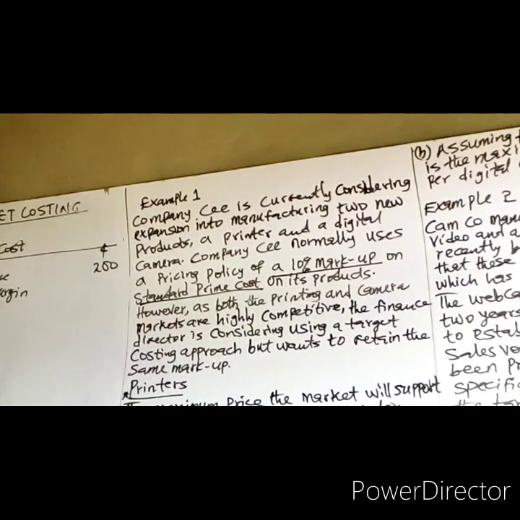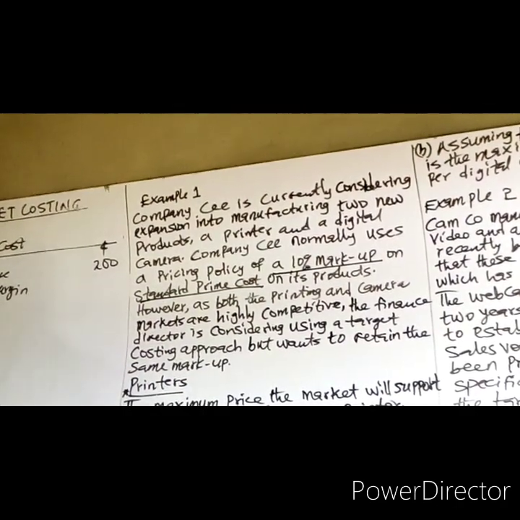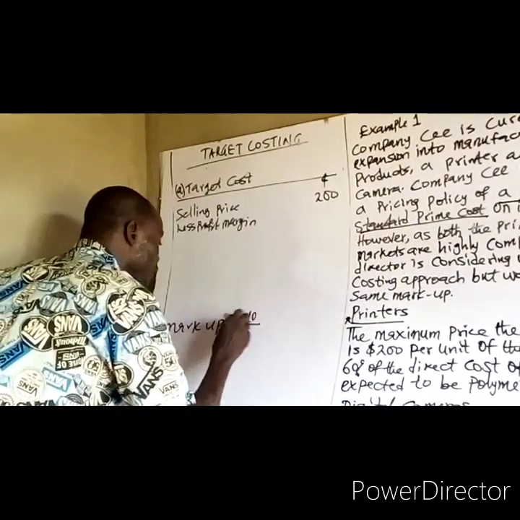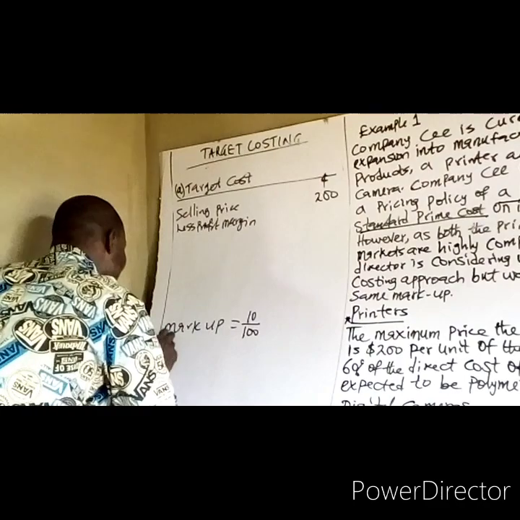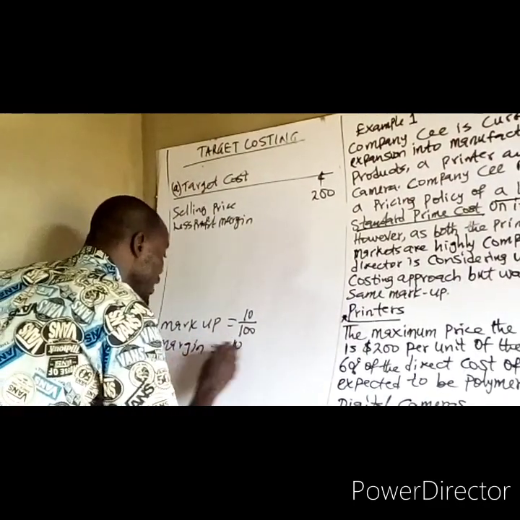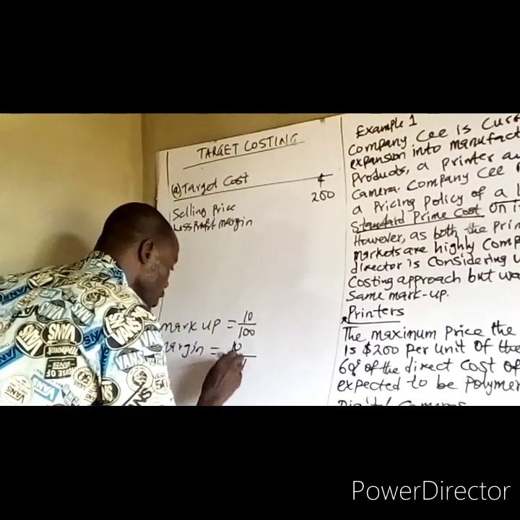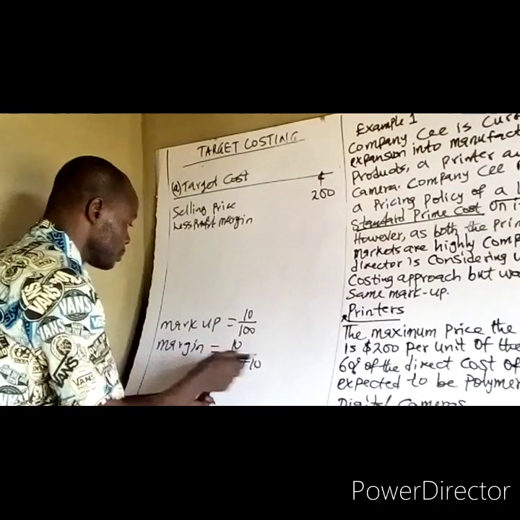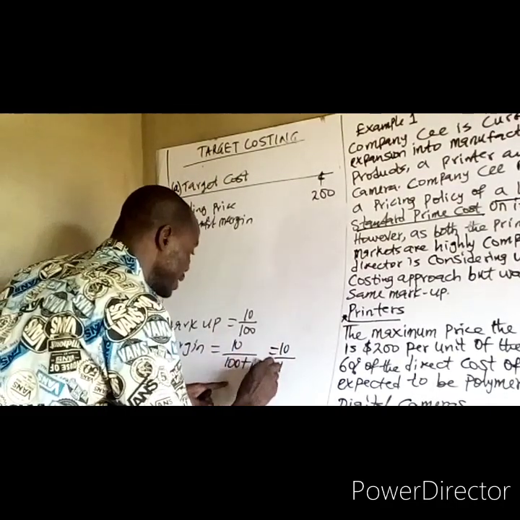You have to convert the markup to margin. If markup is 10%, which is 10 over 100, then to convert markup to margin, you add the numerator to the denominator. The numerator is 10. You add it to what you have in the denominator. So it will now be 10 over 110.